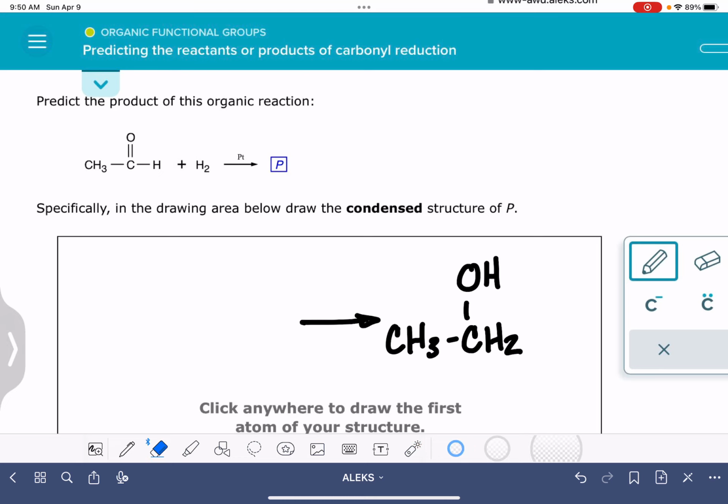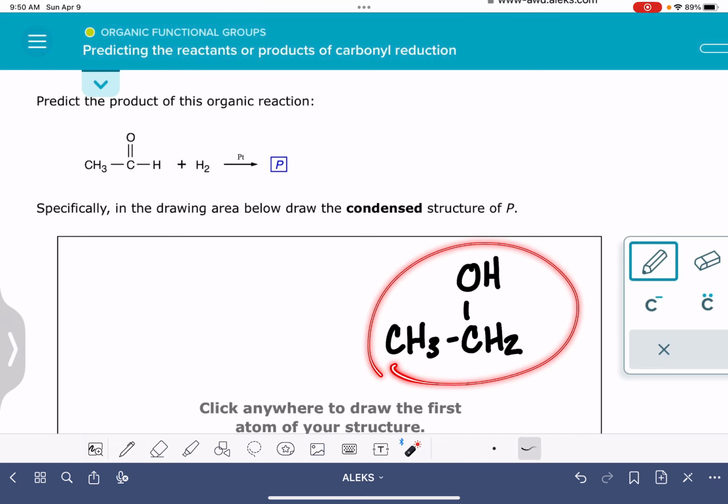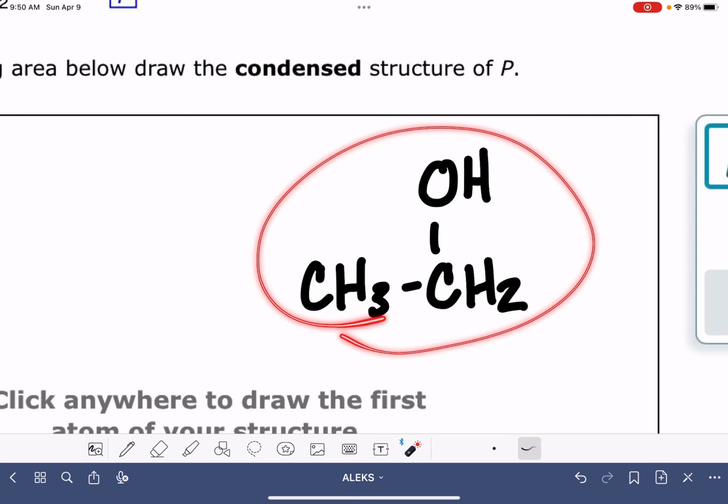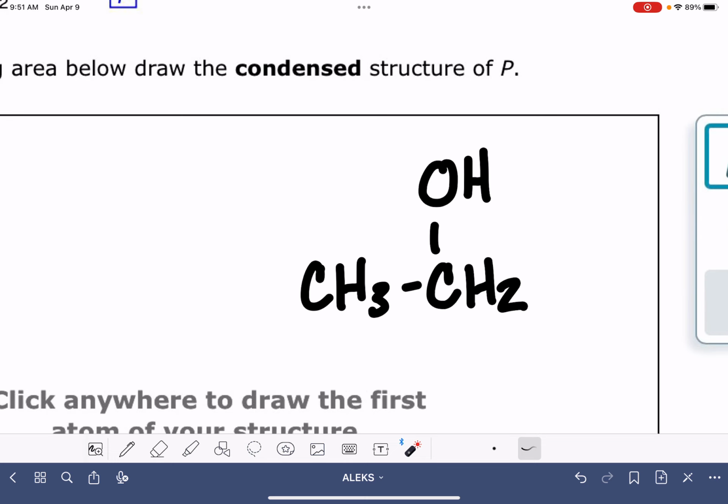I'm going to just think about the product of the reaction that's provided to us. We're going to keep in our heads that this reaction converts a carbon-oxygen double bond into a single bond. So in our product, where we have a carbon-oxygen single bond, that used to be a carbon-oxygen double bond.